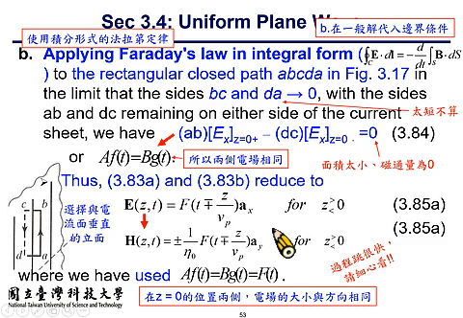The significance becomes less and less, and it is so narrow that we don't even have to account for it. So the closed loop integral only involves the line integral on AB and the line integral on CD.